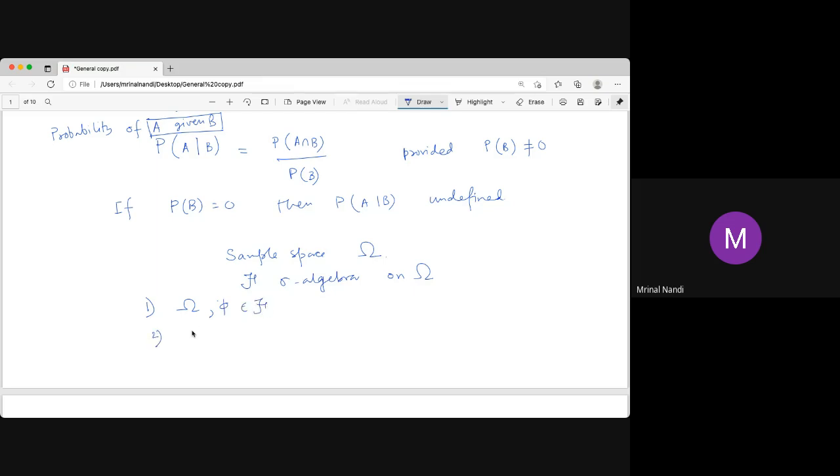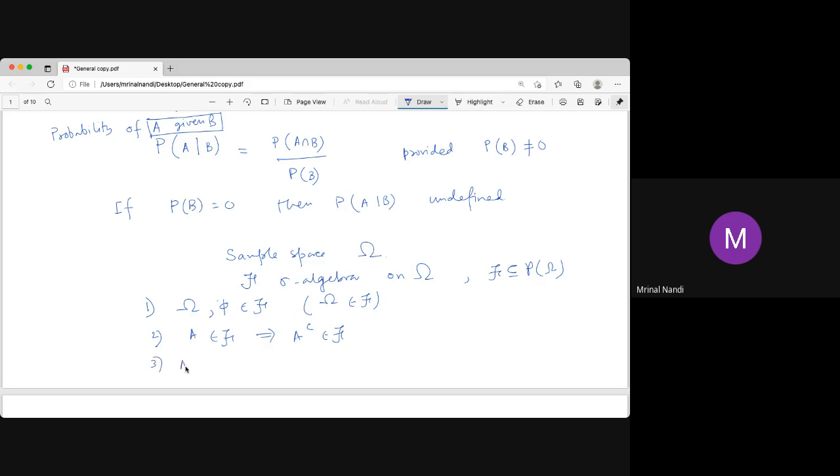Then number 2: if A is in the sigma algebra, then A complement, by the way, this sigma algebra is a subset of the power set, A complement is also in this. So no need of writing phi. You can just write omega belongs to it, because then automatically phi belongs to the sigma algebra because the complement is there.